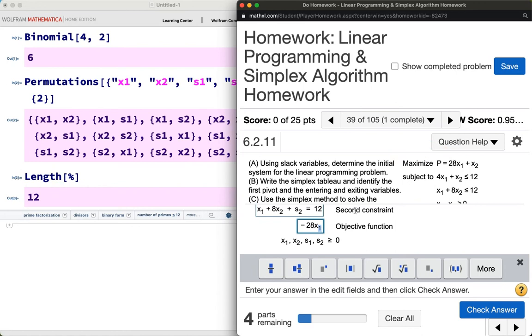So that's negative 28x1 minus x2 plus p is equal to 0.